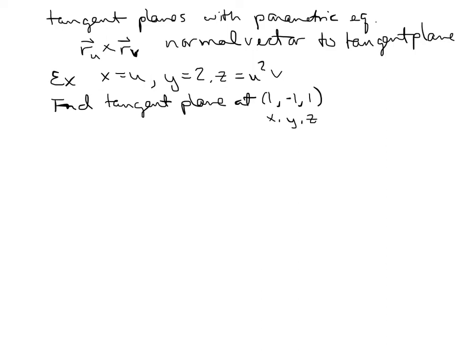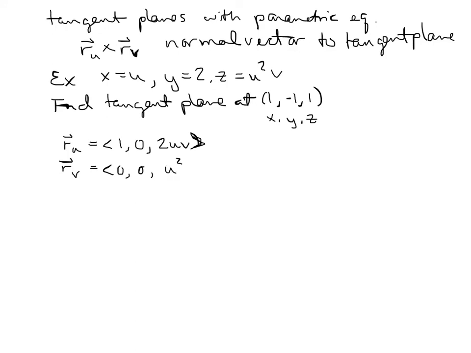So what we need to do here is find the partial of all of these with respect to u. I'm going to put this in vector form. The vector is going to be 1, 0, and then the last one with respect to u is 2uv. Then the partial with respect to v: u is going to be a constant, so that derivative will be 0. 2 is a constant, so that's 0.